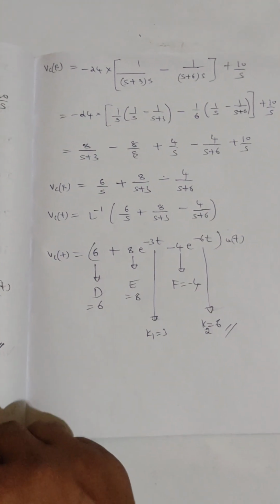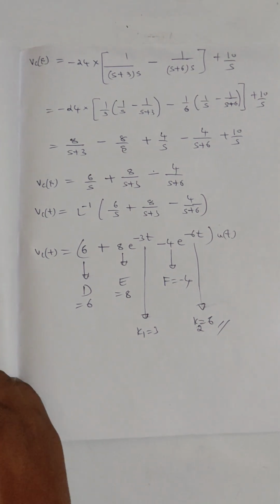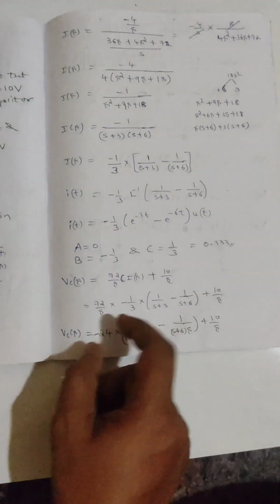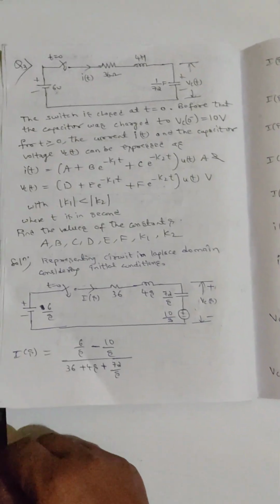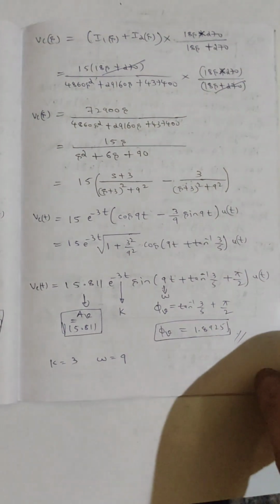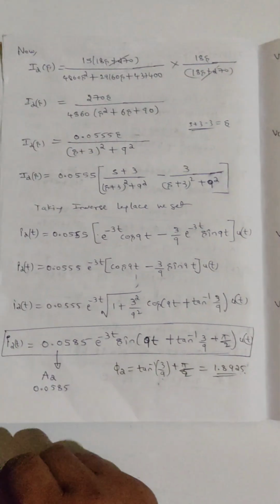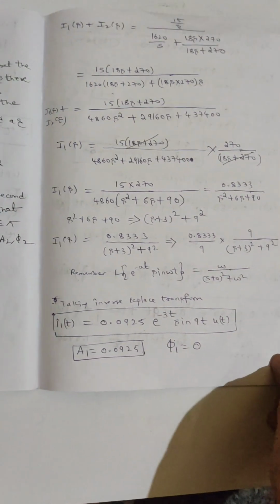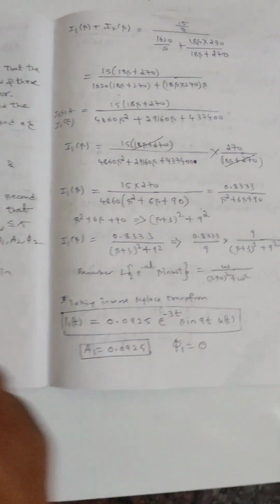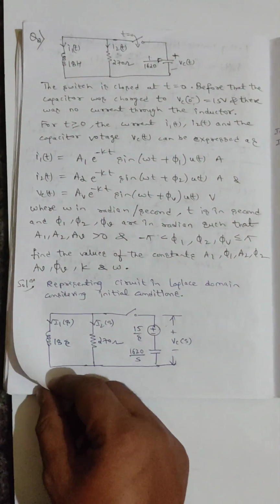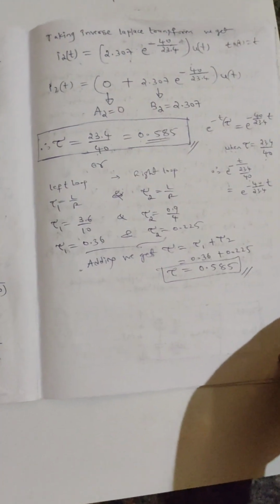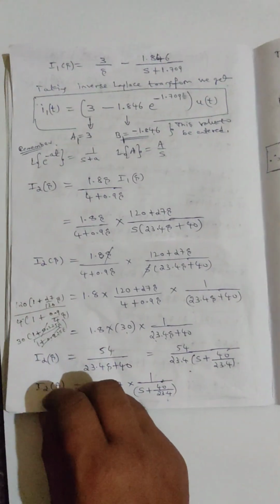So copy down the entire solution thoroughly, and then start analyzing. If you find any silly mistakes in the simplification, if any one value is wrong, your entire solution will be wrong. So whatever notes I am providing here, just copy them down in your book and then try to solve.